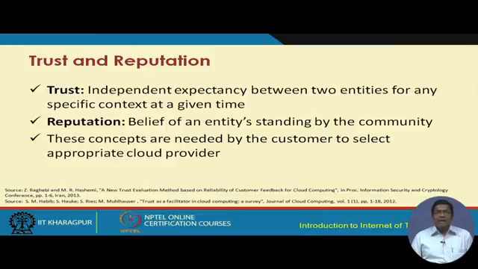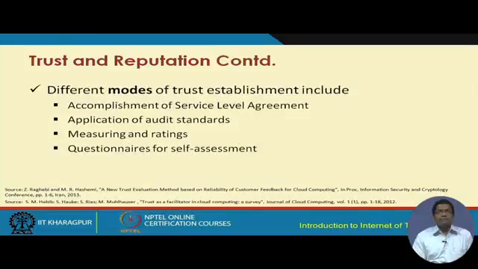At the same time, hand in hand comes the issue of reputation, and reputation is about the belief of an entity standing in the community. What does the entity have, what is its reputation in the community. So, these are two different issues that go hand in hand. These concepts are needed by the customer to select an appropriate cloud provider.